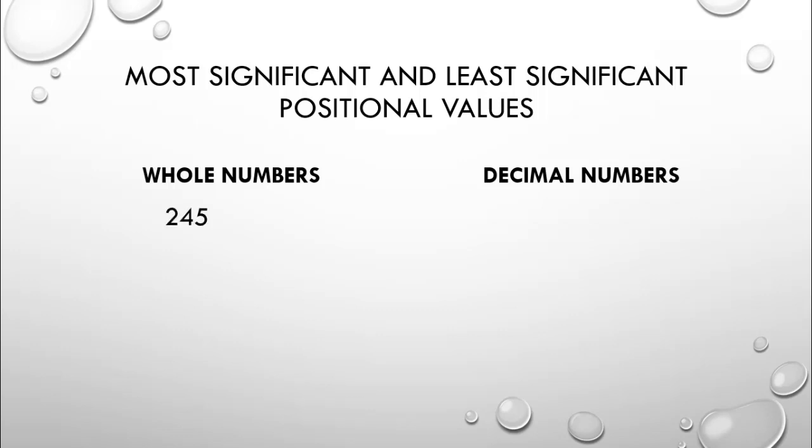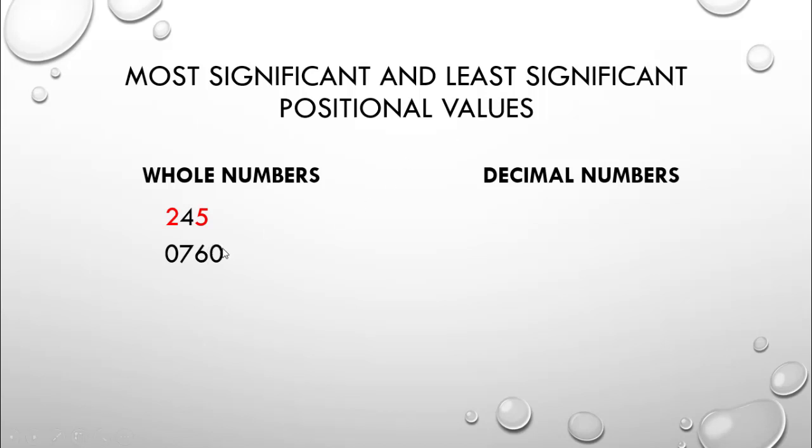The first whole number is 245. The last one, the least significant, we can say 5, and the most significant, because there is no 0, should be 2. So these two should be my most and the least significant values. Let's consider this.